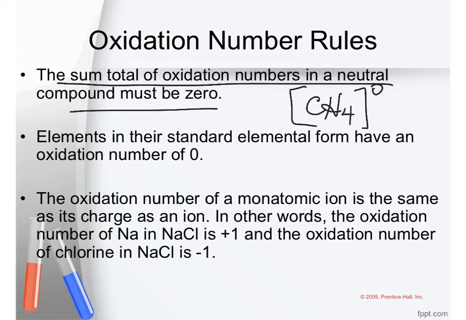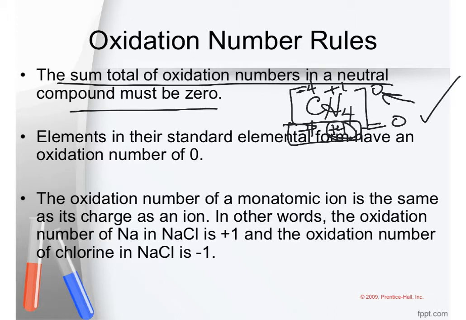So when you assign oxidation numbers, they better add up to be 0. In this case, each hydrogen is +1, so the hydrogens all together are +4. Carbon has an oxidation number in this compound of -4, and so adding them all together, we get an overall charge of 0, which is good. So you want to do that when you're done assigning oxidation numbers.